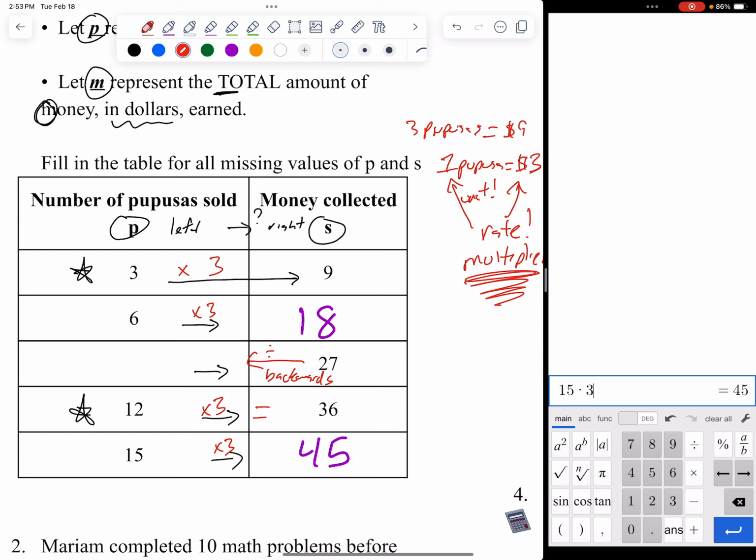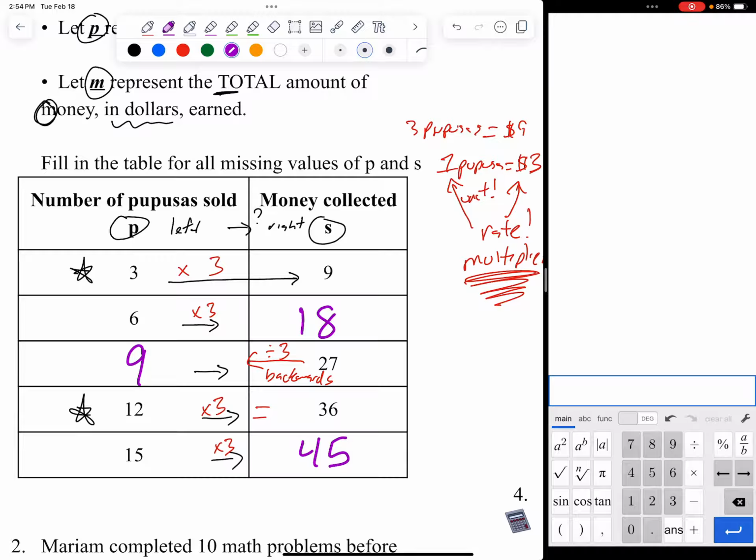Hopefully you're thinking like me. You're going to divide by 3. So let's see. 27 divided by 3, and I got 9. Okay. Let me double check. 9 times 3. Does that give me 27? Yes. So notice I filled out my whole table.